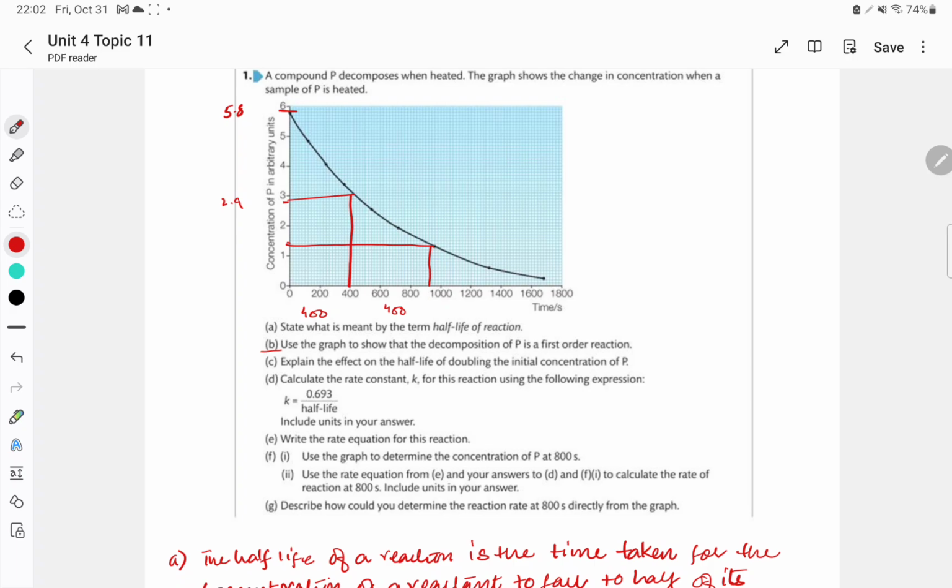And then this is almost constant, so that means it's going to be first order, because the half-life of a first order reaction is constant. So here, because the half-life is constant, it's going to be first order.